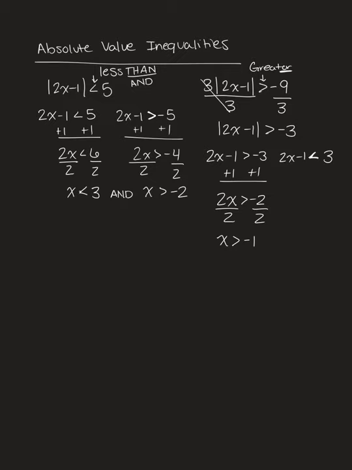Okay, x is greater than -1. Do the same thing over here. Okay, so x must be less than 2, or x must be greater than -1. Okay, so that's how you solve absolute value inequalities.